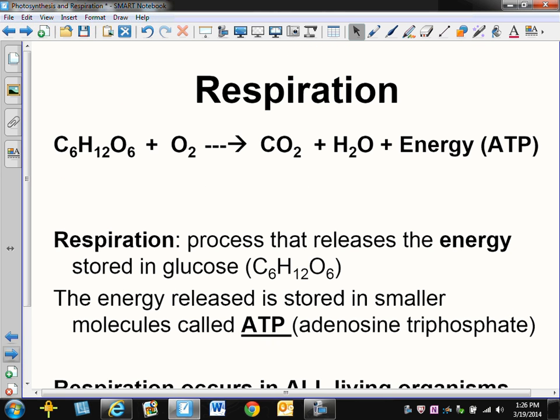So, respiration. We've already said that this is taking sugar. So we eat. We breathe. And what do we breathe out? We don't breathe out oxygen, we breathe out carbon dioxide. So this is us.